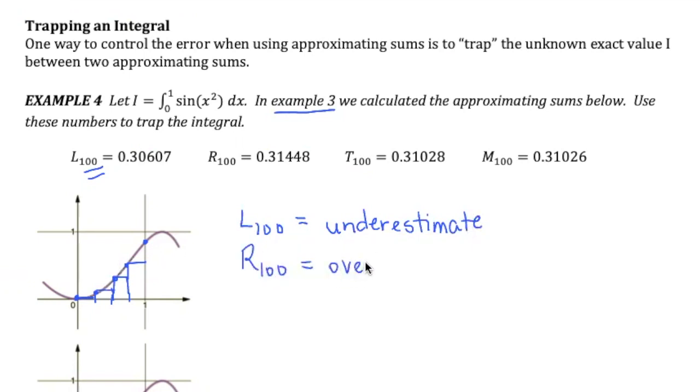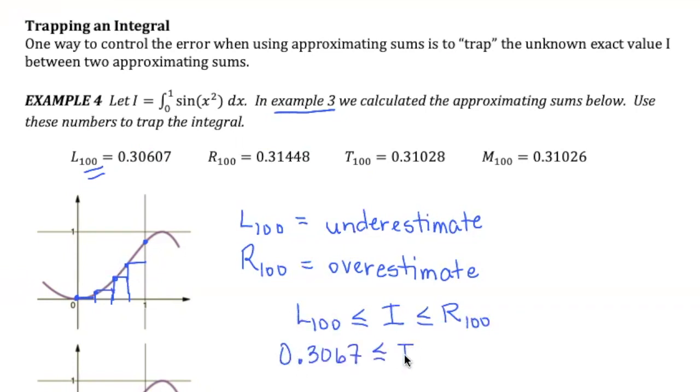And again, you could doodle on the graph and show that the rectangles are going to exceed the area under the curve. What this example is going to suggest to you is now let's trap the value of the integral between the underestimate and the overestimate. So I'm going to use the left value and know that my exact value of my integral will be between that and the right value.